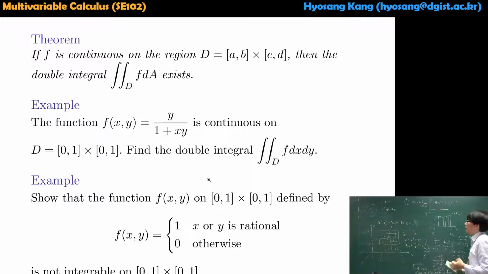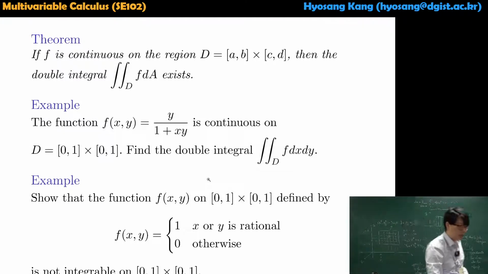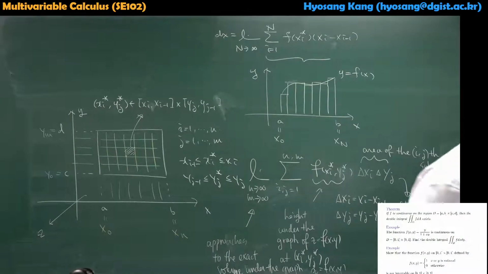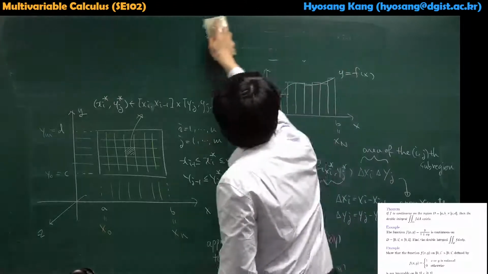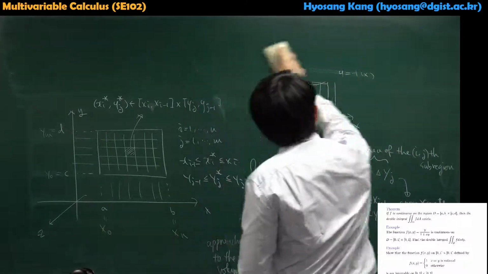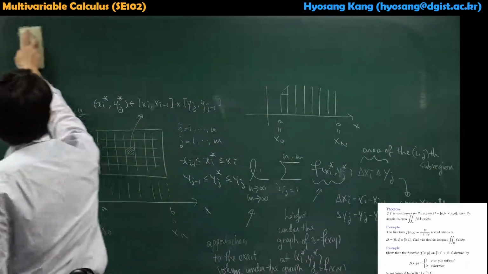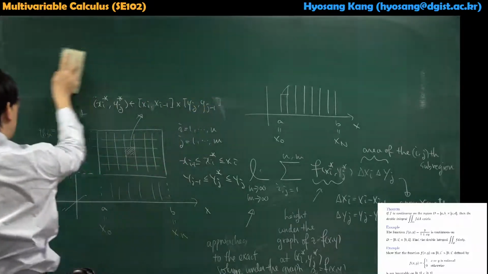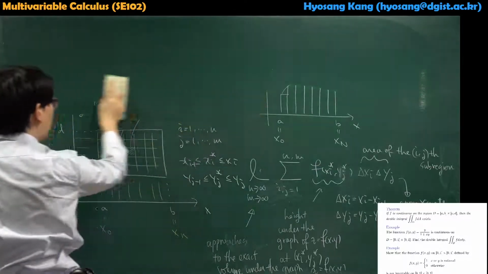Okay. But let me tell you more than this theorem. Sometimes we're not going to talk about a continuous function. We sometimes talk about a function that is discontinuous at some point. But in that case, the double integral also exists, as long as your points of discontinuity happen at small areas.